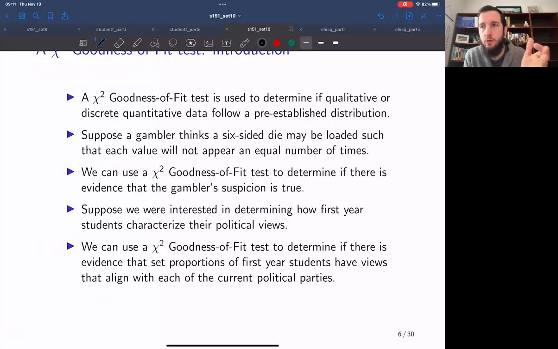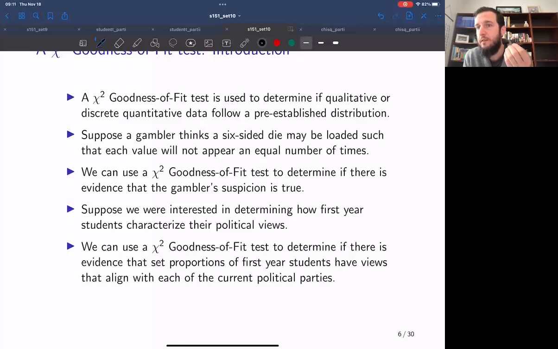It's going to show you a 2, 1 out of 6 times it's rolled. It's going to show you a 3, 1 out of 6 times that it's rolled, etc. We can use the goodness of fit test to determine if a die is fair, that is, if it adheres to these proportions. If we roll the die, say, 100 times or 200 times or whatever.